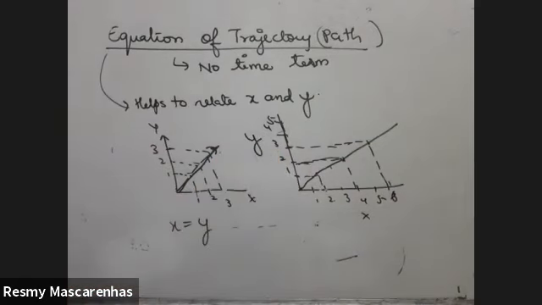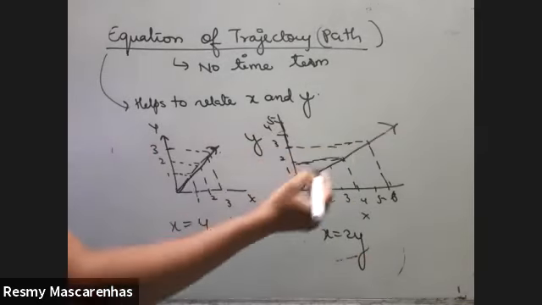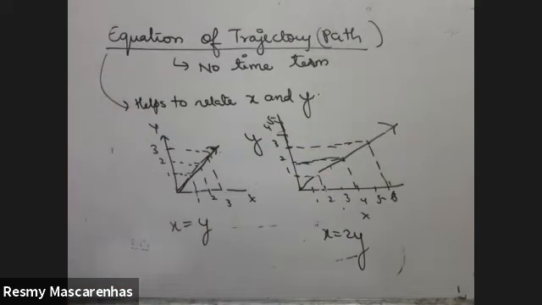Now can anyone tell me what is the relation between x and y? X is half of y, x is double of y, or x equals y? What is the relation between x and y? X is 2 times your y. So any path will always help you to relate x and y. This is only for understanding, not to copy.